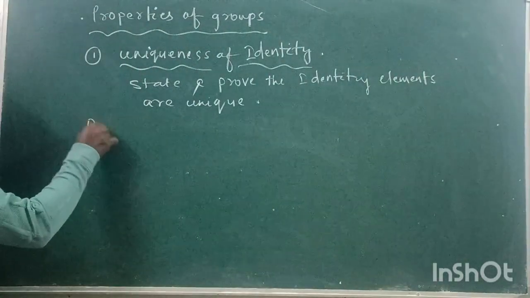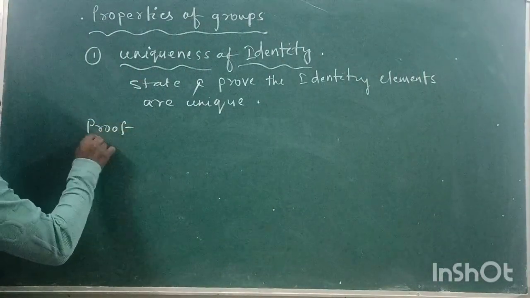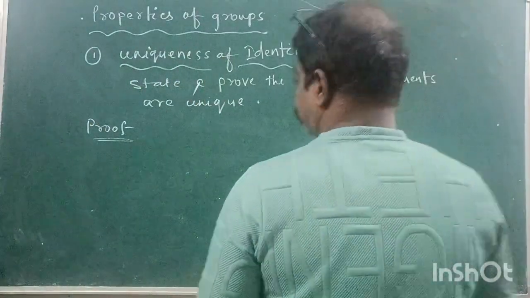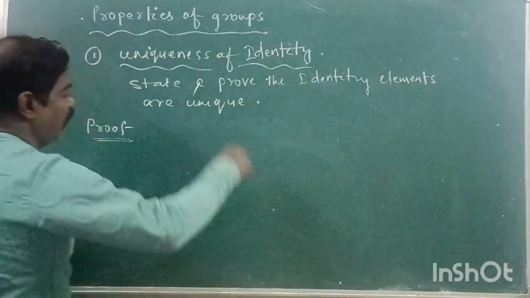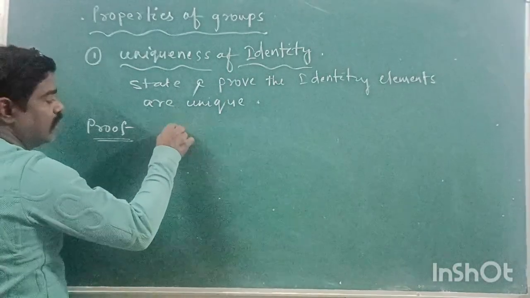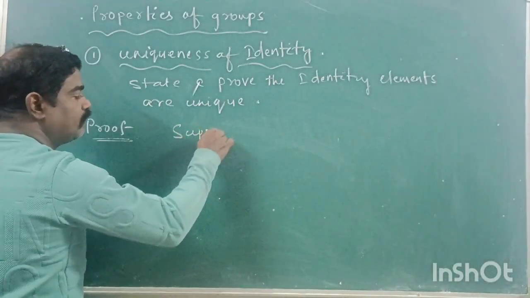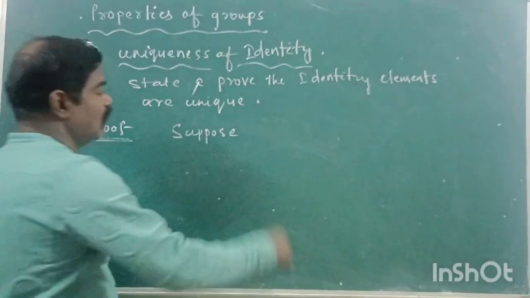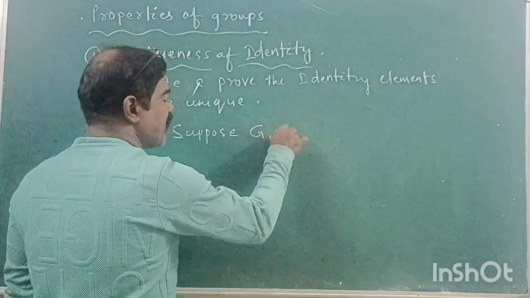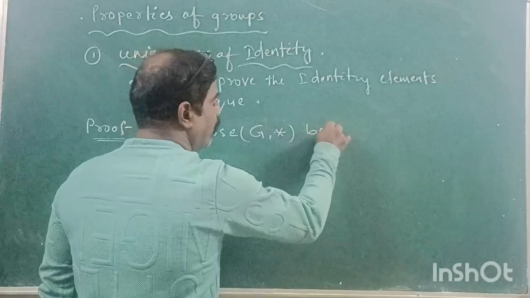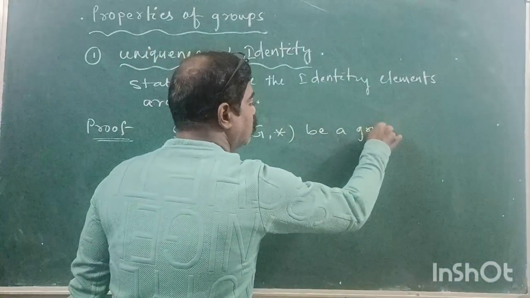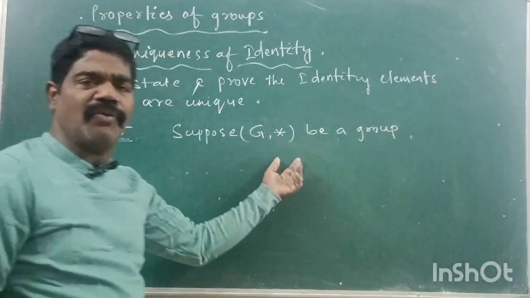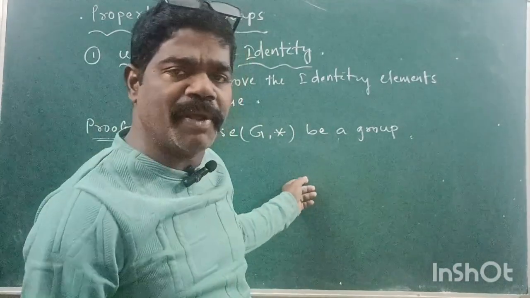Proof. Right? Okay. Suppose G comma star be a group. In place of star, we can take plus or into, whatever it may be, right?